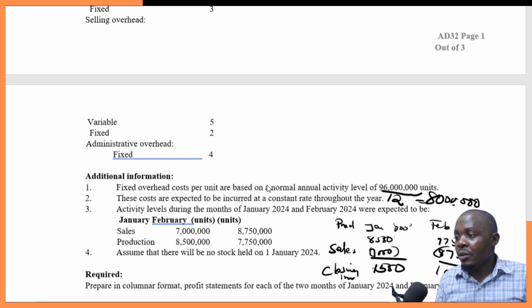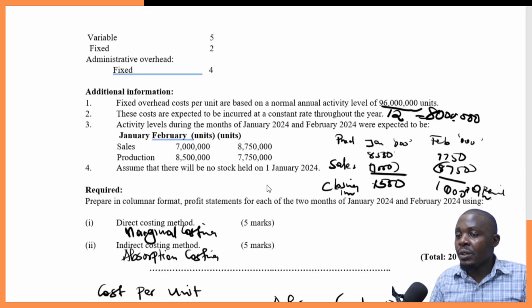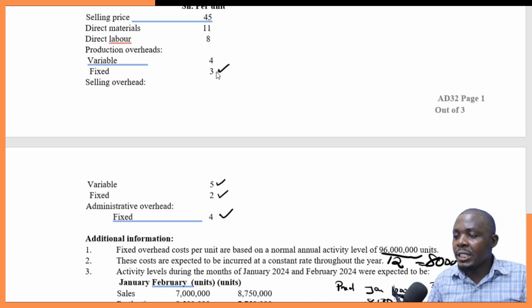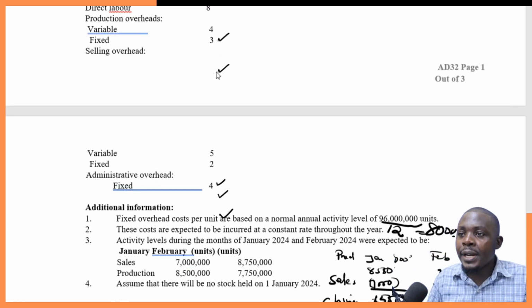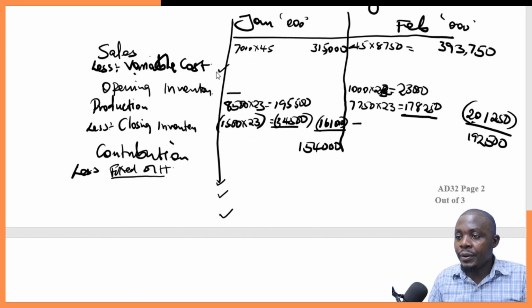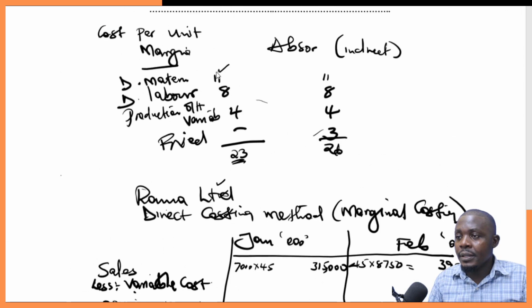When we bring to our overhead, we are going to take 8 million. We have fixed production overhead. We are going to multiply 8 million by all these particular things, because we are told that fixed overheads per cost is based on that, and the price per unit for fixed overhead we have been given. Therefore, this is what I'm going to do here.